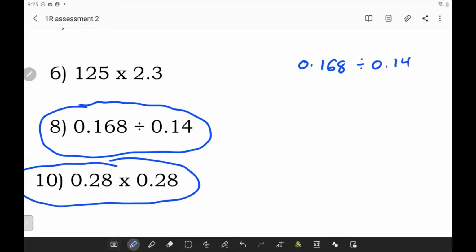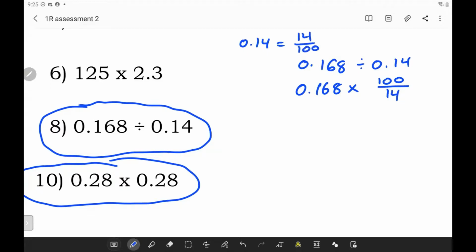Now remember, dividing by a decimal or a fraction is the same as multiplying by its reciprocal. Reciprocal meaning the flip of it. So this is like 0.168 multiplied by 100 over 14. Remember, like 0.14 is like 14 over 100.